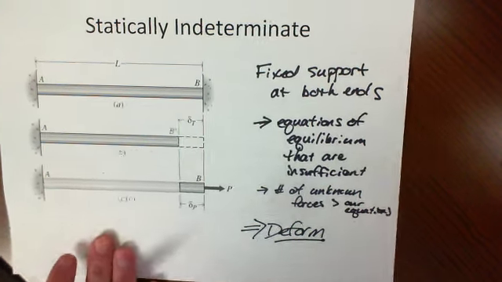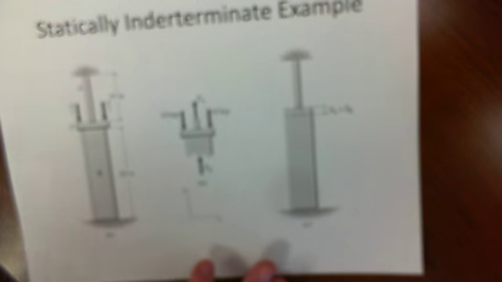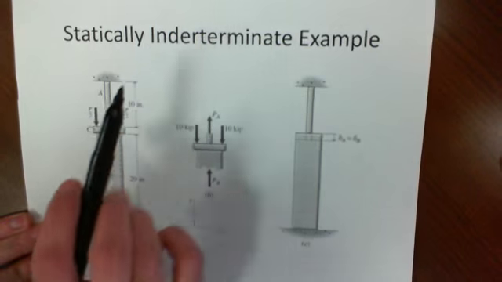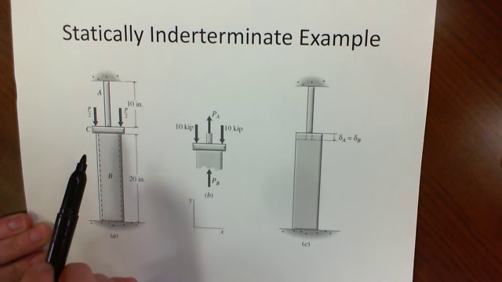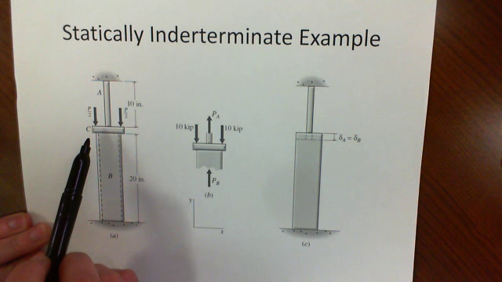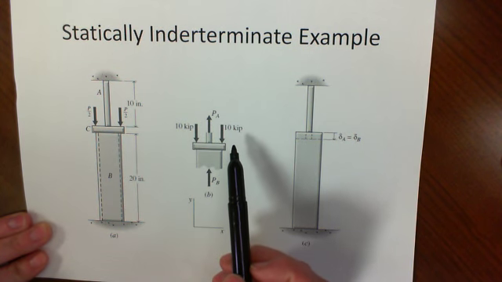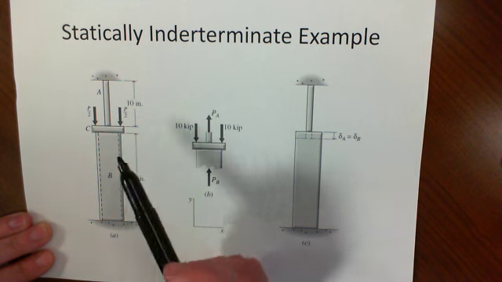So let's look at an example. We have a rigid plate at C that's being used to transfer a 20 kip load to a steel rod.